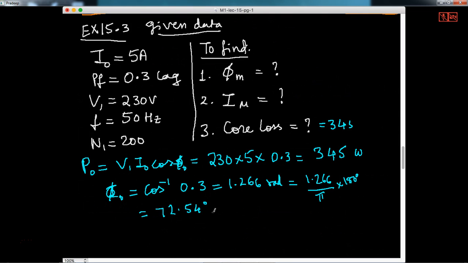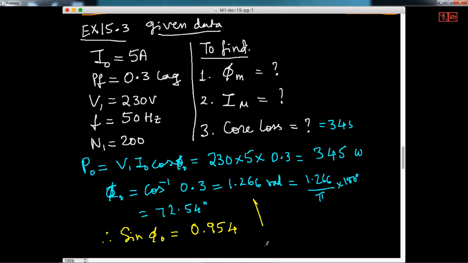From this, I can find sin phi naught, which is 0.954. Once I get sin phi naught, I can find the magnetizing component I mu.